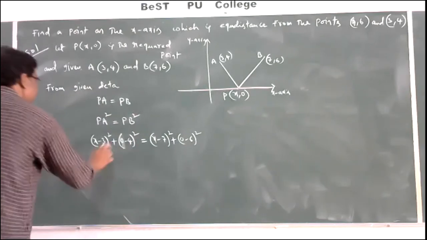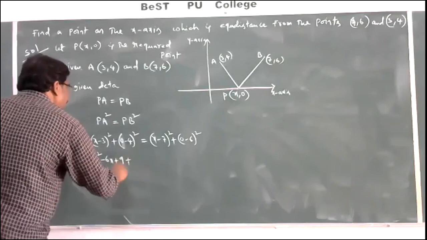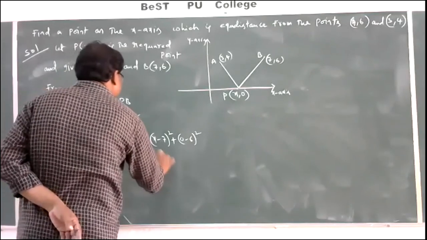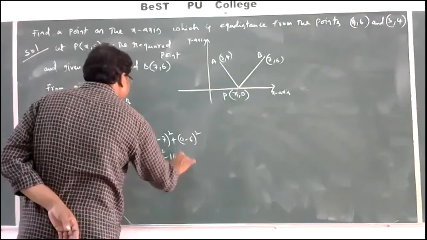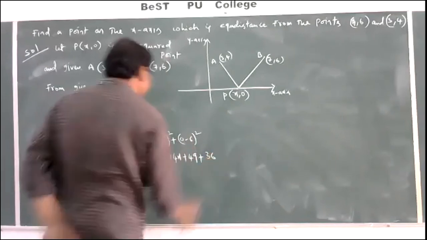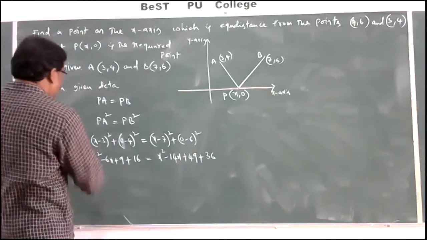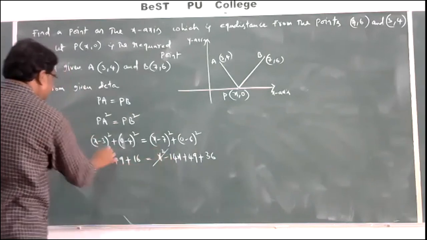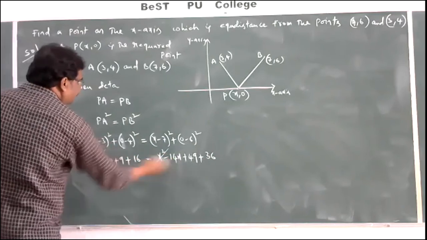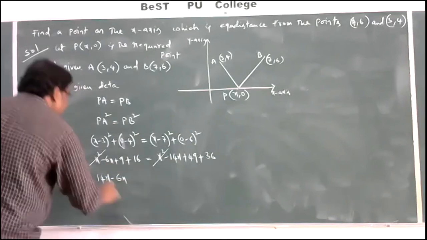So simplify this. (x minus 3) whole square is x square minus 6x plus 9, plus (minus 4) whole square is 16. This is equal to x square minus 14x plus 49, plus (minus 6) whole square is 36. So on both sides x square cancels. Here minus 6x, you bring minus 14x into this side, that is plus 14x minus 6x.